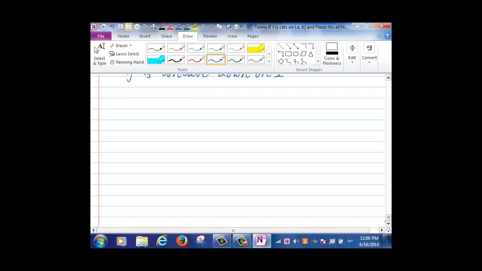And if the second derivative is negative over an interval, that would mean that the first derivative is decreasing, and then we know that the function is concave down.